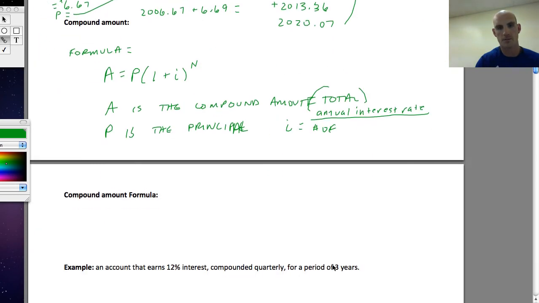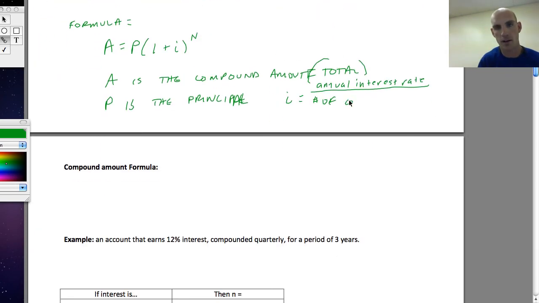The number of compounds per year. So that's how often you compound it. And N is equal to the number of times per year times the number of years.